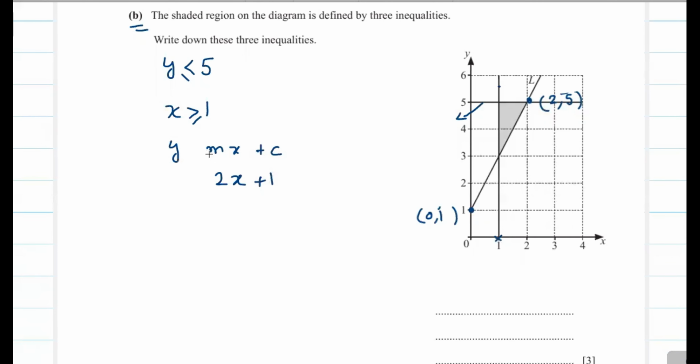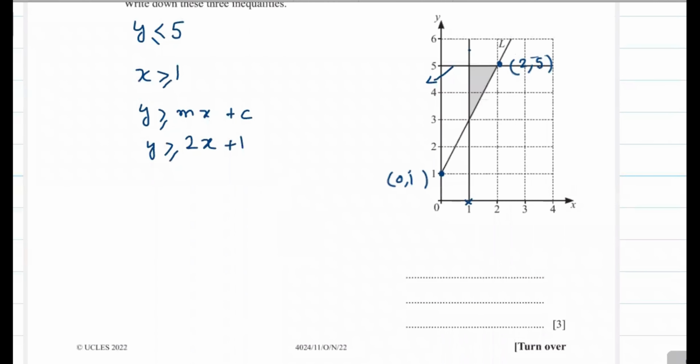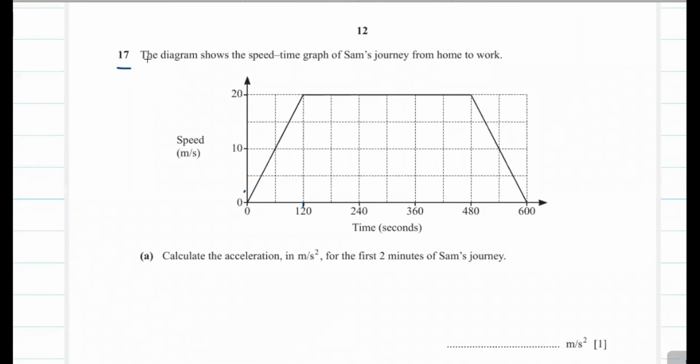This line's shaded region is above the line, therefore y will be greater than or equal to 2x plus 1. These three inequalities we write here: x is greater than or equal to 1, y less than or equal to 5, and y is greater than or equal to 2x plus 1. And this is the answer.